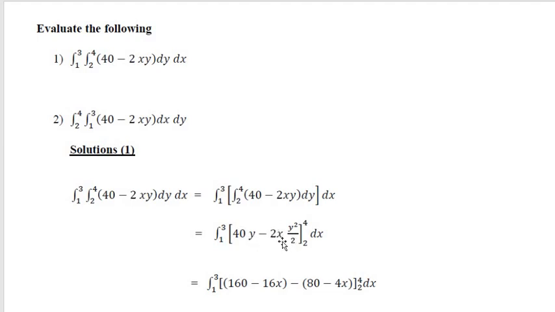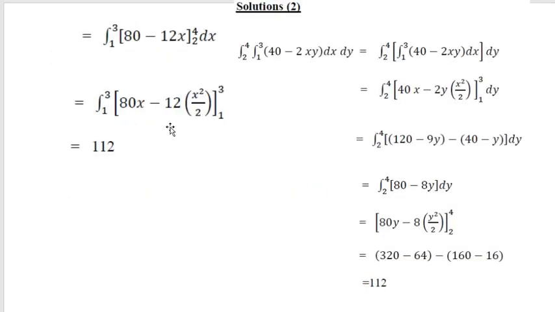Now substitute the limits of y and then integrate with respect to x. After substituting the limits, we get 80 minus 12x, and then integrate this with respect to x. Substituting the upper and lower limits 3 and 1, we get 112.